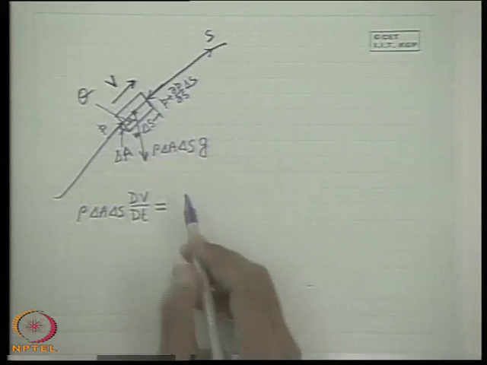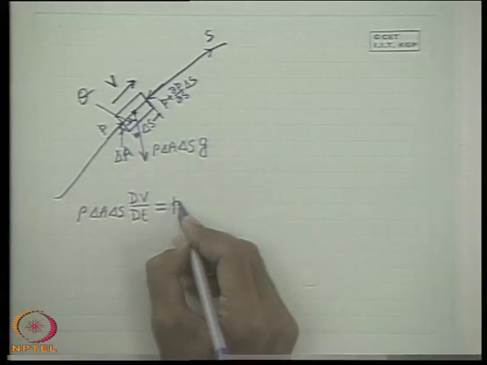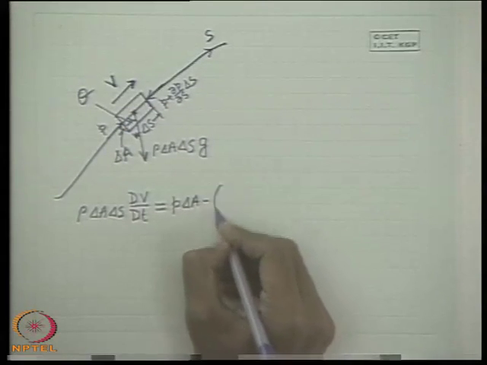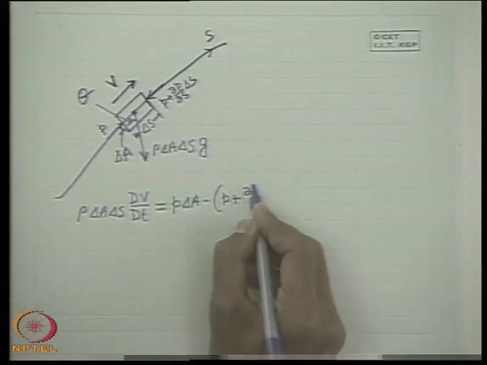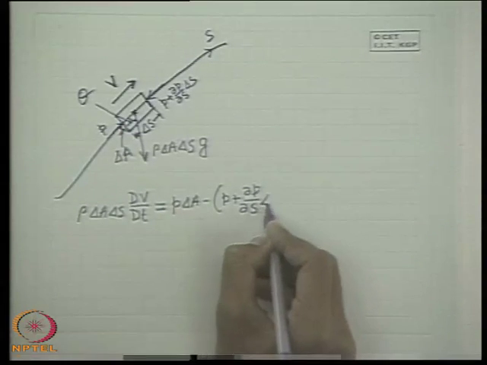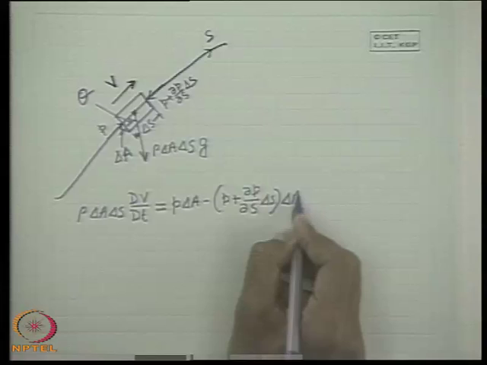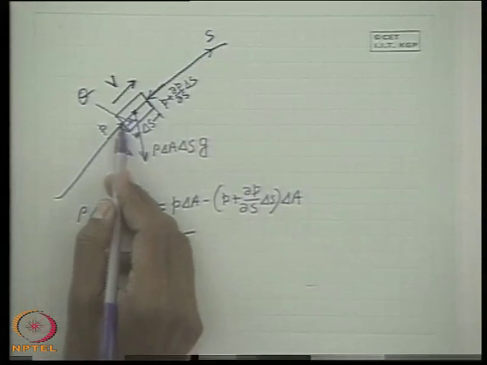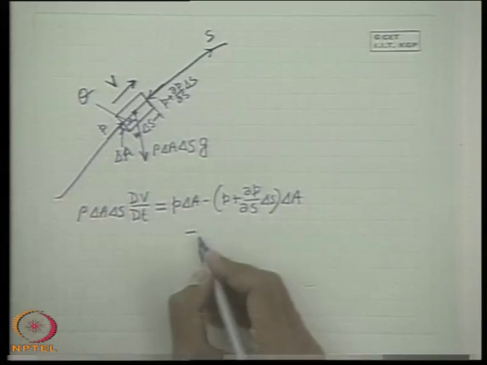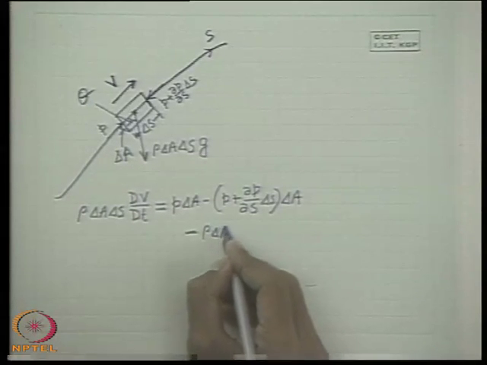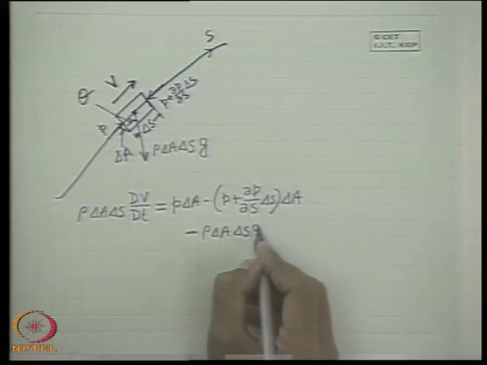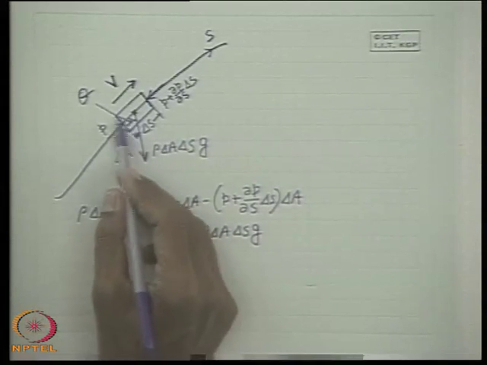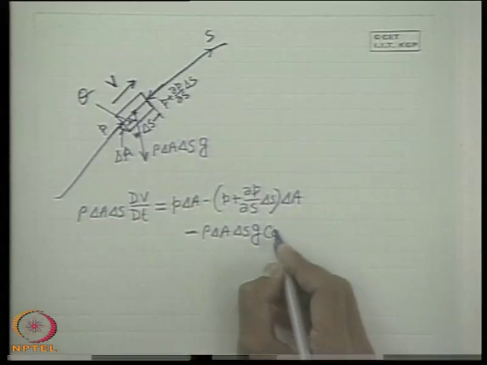So the net force will be P into delta A, minus P plus del P del S into delta S, into delta A, minus the component of gravity, rho delta A delta S into g, acting vertically downward, whose component is cos theta.